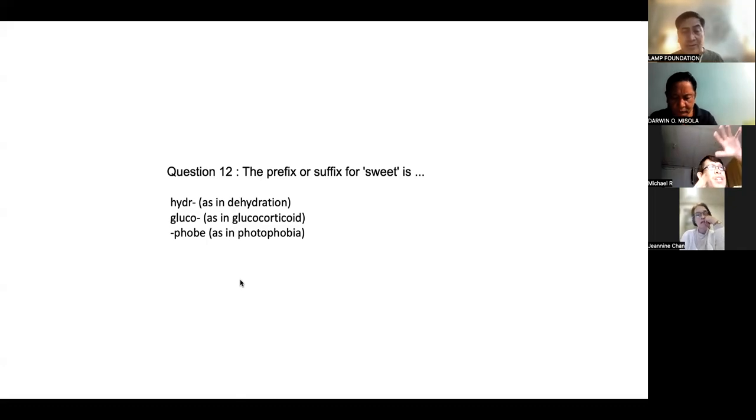Fatigue is not allowed. The adrenals are on top of the kidneys. And the adrenals have two areas, the cortex and the medulla. The cortex produces glucocorticoid, which raises blood sugar. Okay?